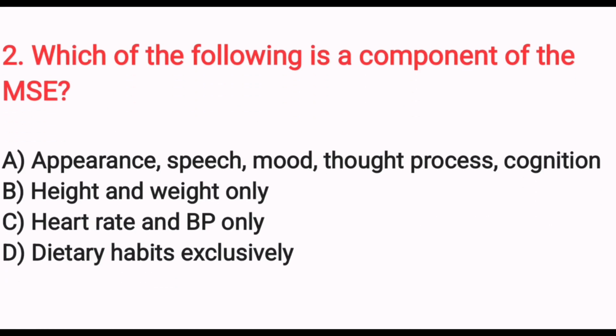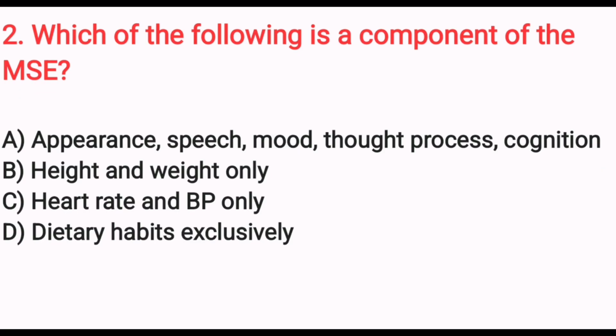Next, which of the following is a component of the MSE, mental status examination? Option A, appearance, speech, mood, thought process, cognition. Option B, height and weight only. Option C, heart rate and BP only.